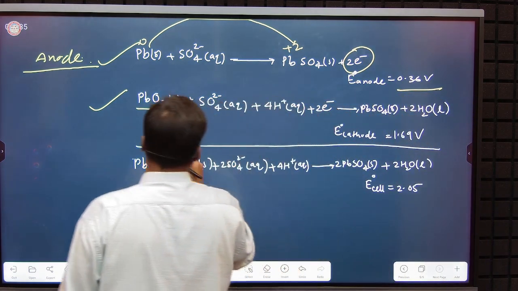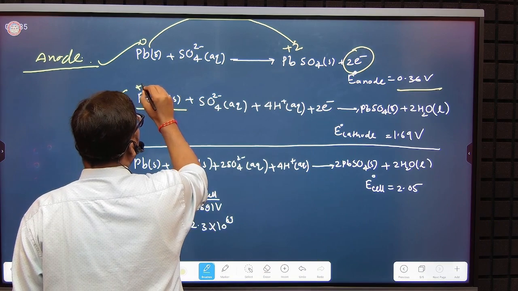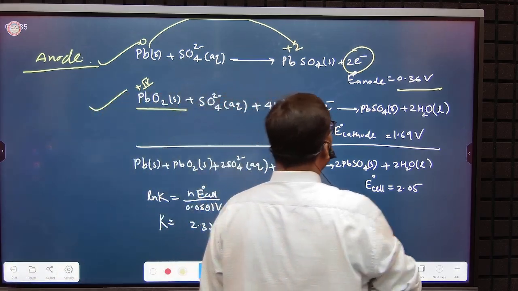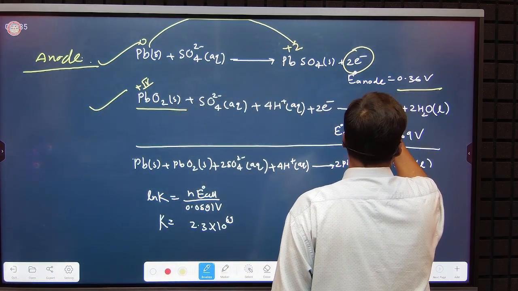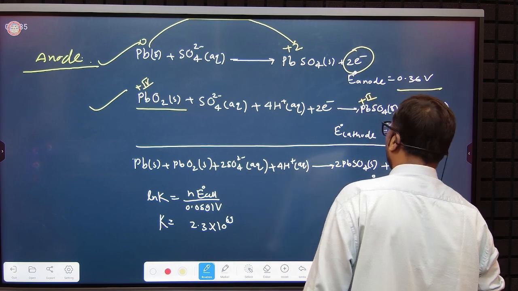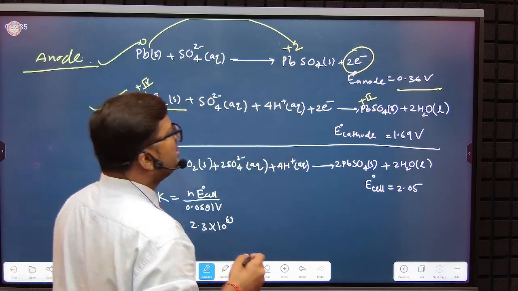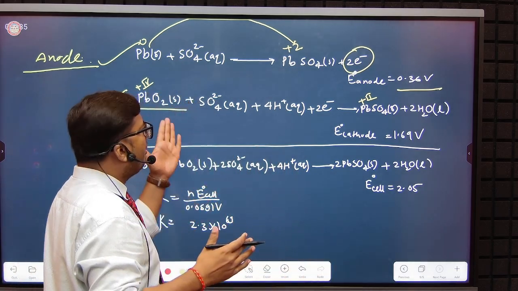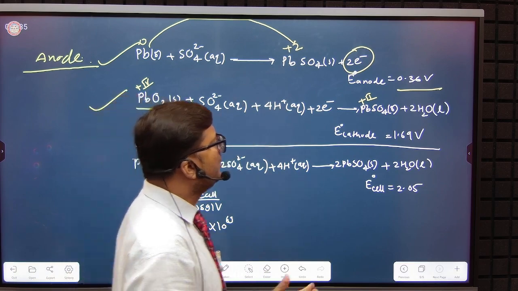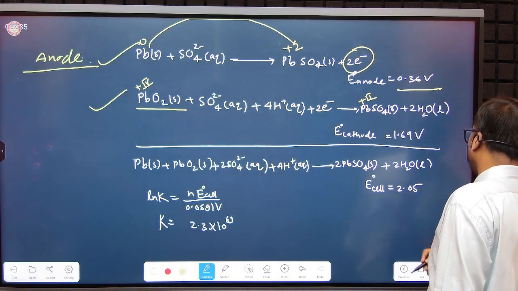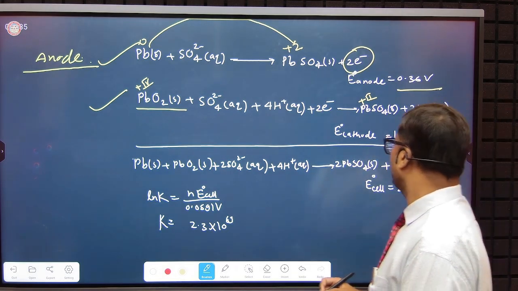Here the oxidation number is +4, and here the oxidation number is +2. So reduction takes place, and the potential developed for this half cell reaction, E0 cathode, is 1.69, right?